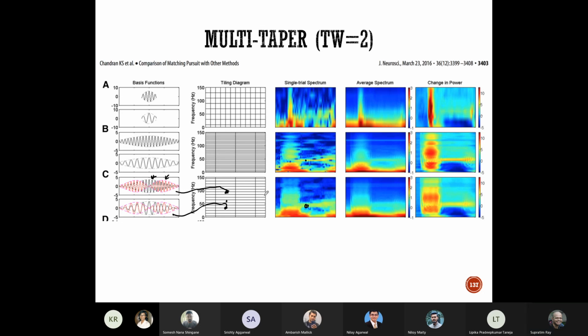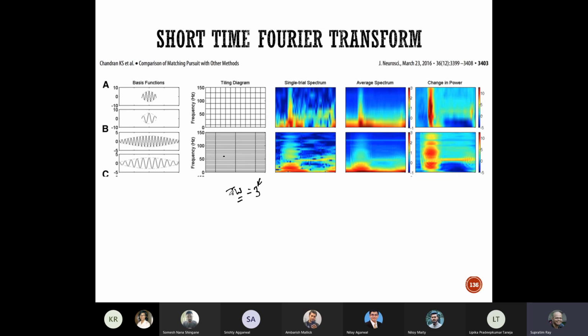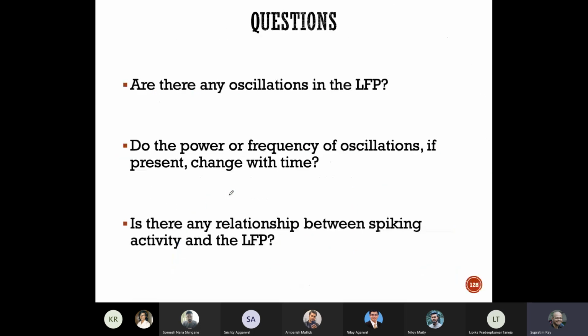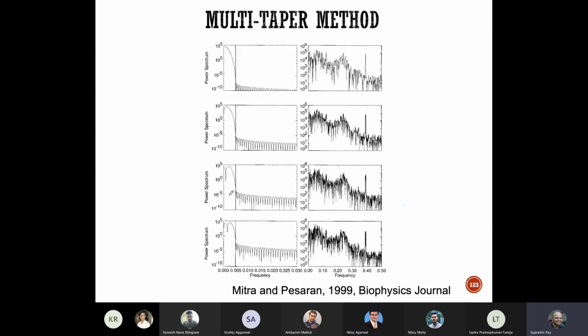Okay. So you are trading off your resolution and the reliability. You could have made it a much larger tile and you would have a ton of basis functions, all of which are more or less concentrated in energy within the tile. Remember that as your taper number increases, more and more energy leaks out.